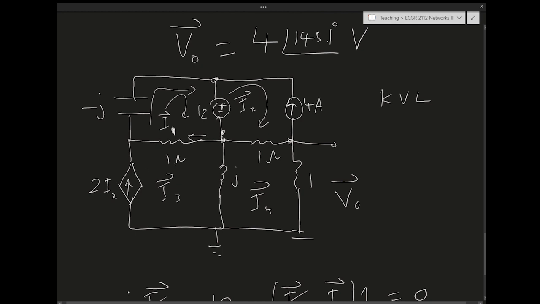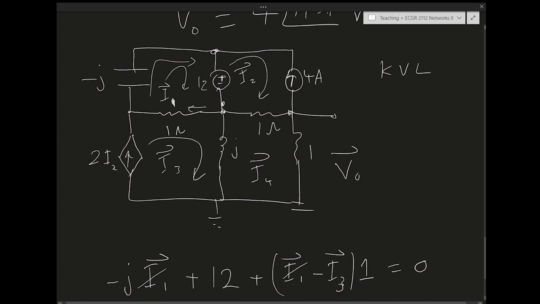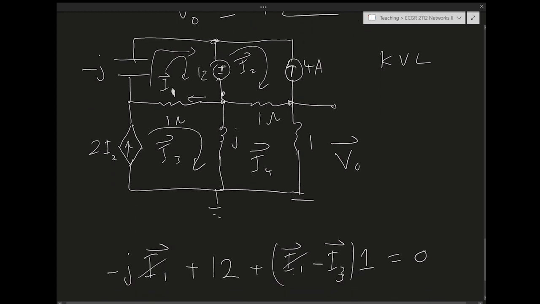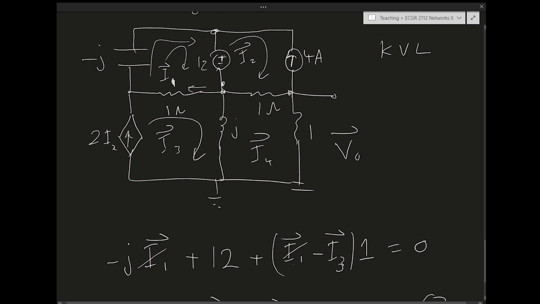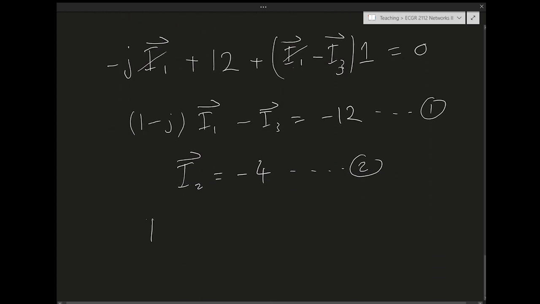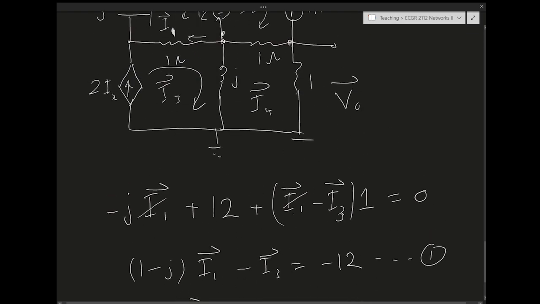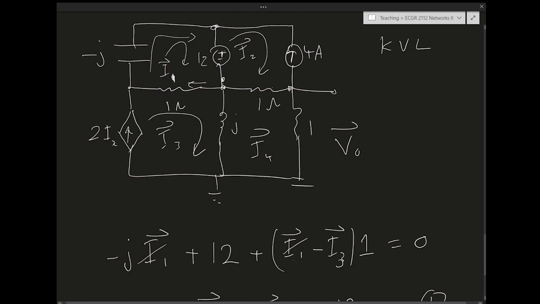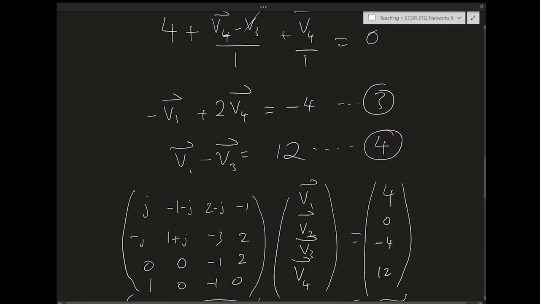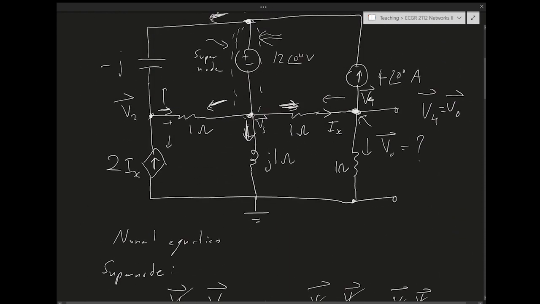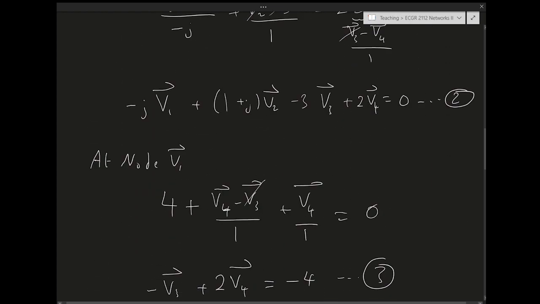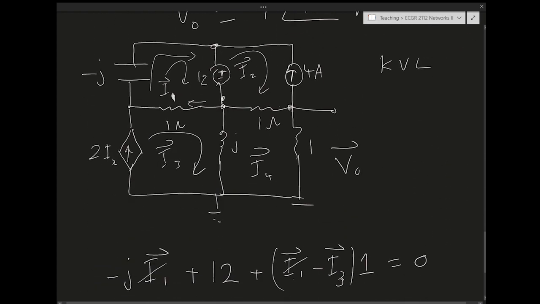What about I3? Now I3 is 2IX, clearly. But what's IX? Let me see what direction IX is going. IX is going in that direction, and this is I4 by the way, so IX is simply I4 minus I2.